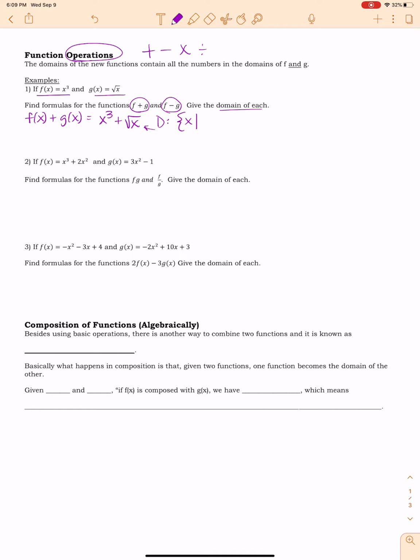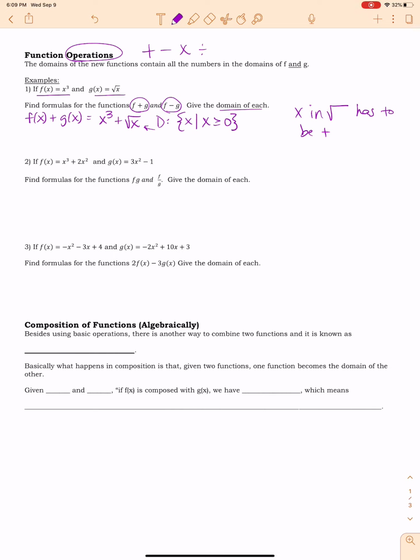Now, if you'll remember from algebra, we can't take the square root of a negative, so the square root has to be positive. So x in a radical has to be positive. So that means that we can only have our positive values for x. So x has to be greater than or equal to 0.